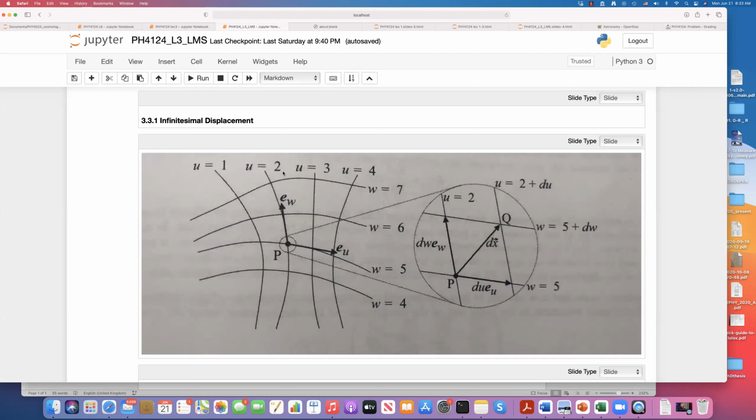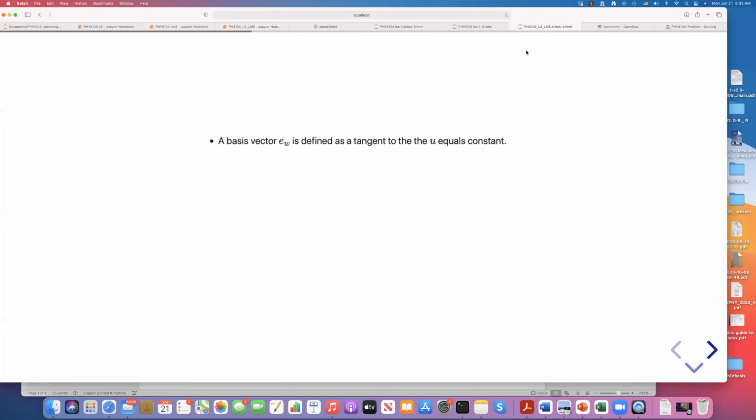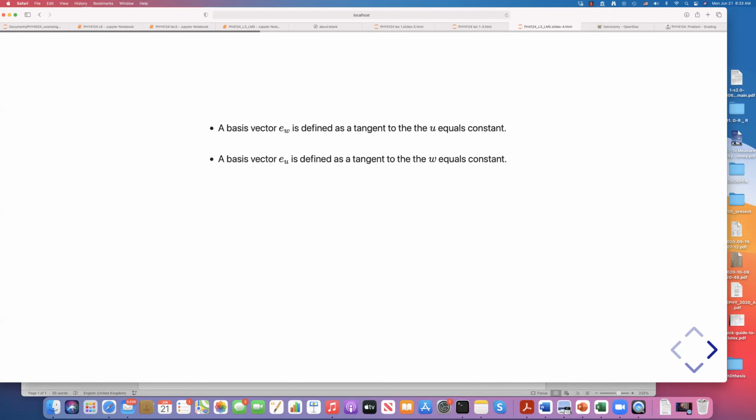I have drawn it here specifically for U equal 2, but any constant would work, right? For any constant, you can write a tangent vector as EW. So that's what you see. A basis vector EW is defined as a tangent to U equal constant. And in the same way, another basis vector EU is defined as a tangent to W equal constant, right?